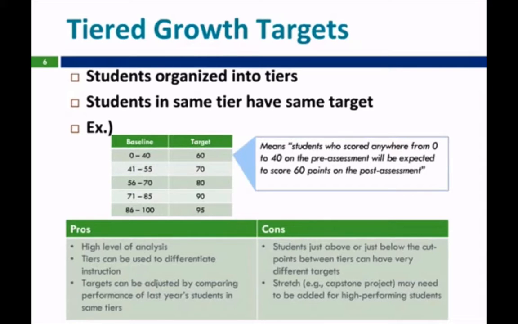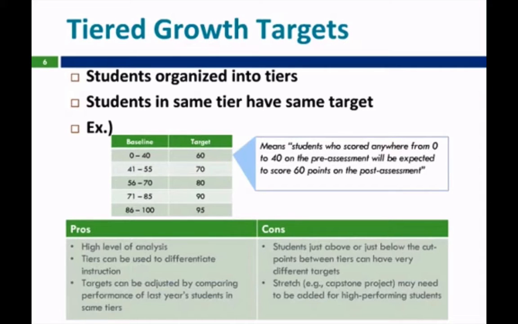So you might decide that that is one of your tiers. And then as you continue to analyze the data, you might say, okay, well, those who scored from 41 to a 55, they had some grasp of the content, but they're really still not quite there. So you'd continue working through your data in that way to identify your tiers. And you can set your targets for each tier however you like.